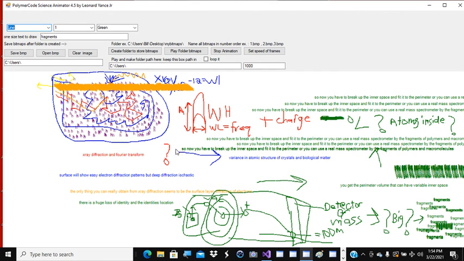If you want the perimeter just to give an image of a certain complex on its outer basis, then you would use X-ray crystallography. So basically, X-ray crystallography is not necessarily used to determine the whole molecular structural components of a complex, any kind of polymer complex or a macromolecule.